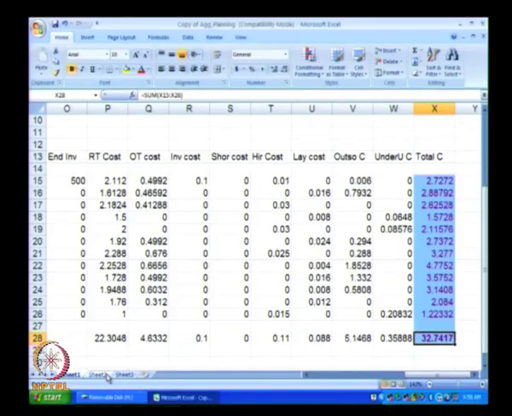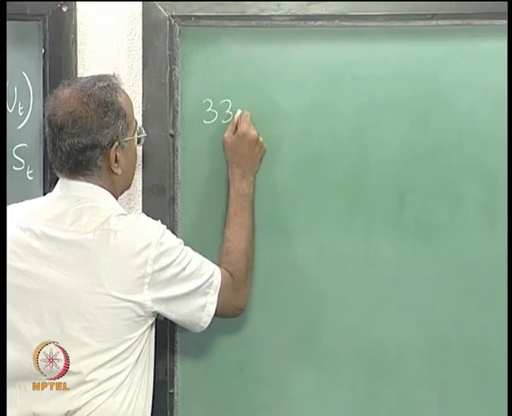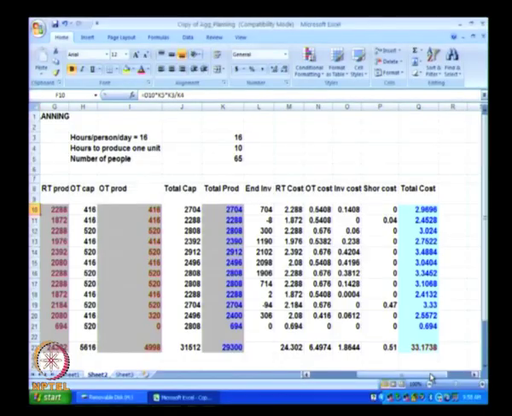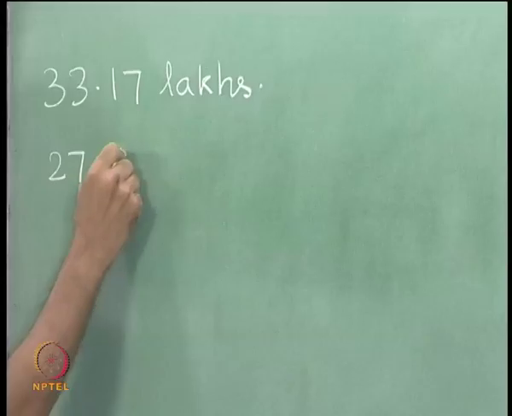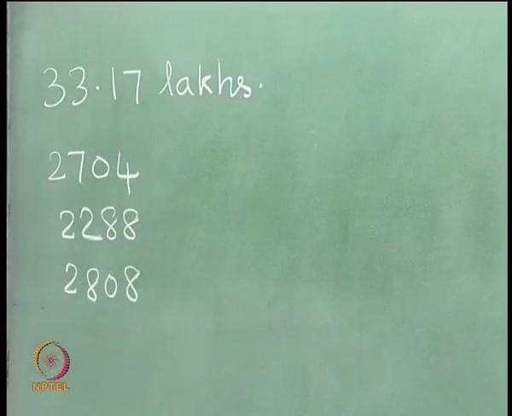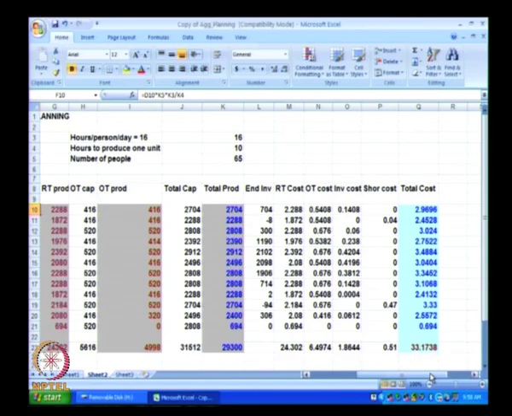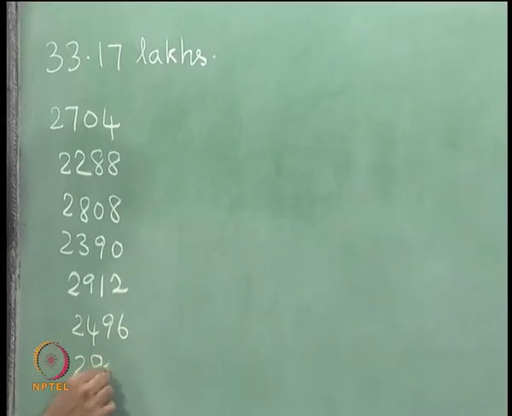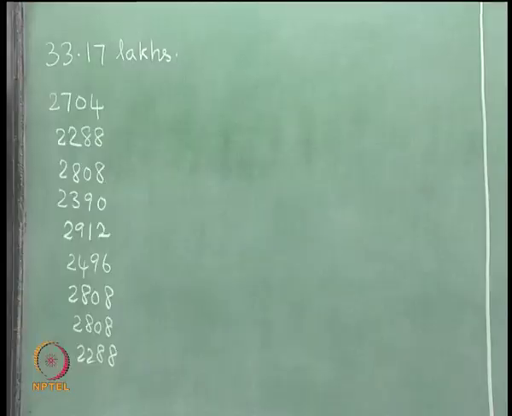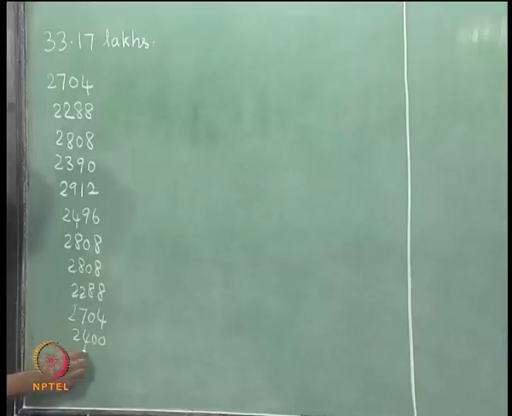Now, in the spreadsheet, the total cost that we see is 33.17 lakhs, and the total production quantities that are given there are 2704, 2288, 2808, 2390, 2912, 2496, 2808, 2808, 2288, 2704, 2400 and 694.